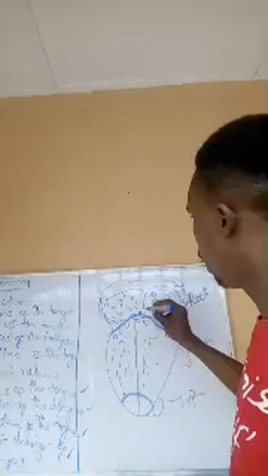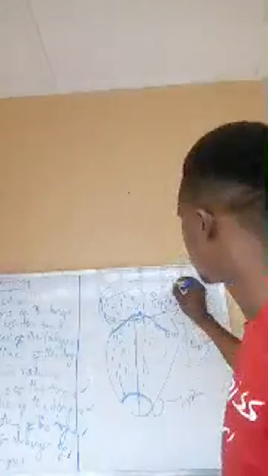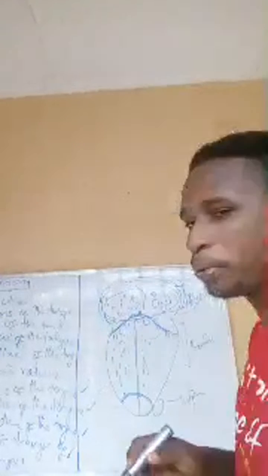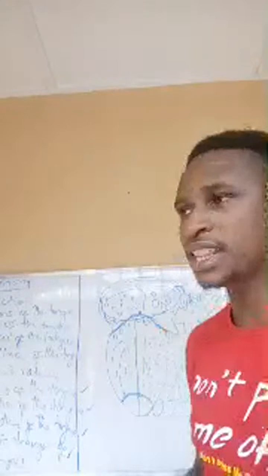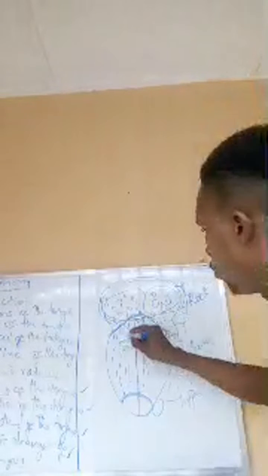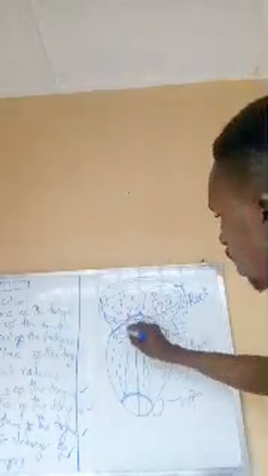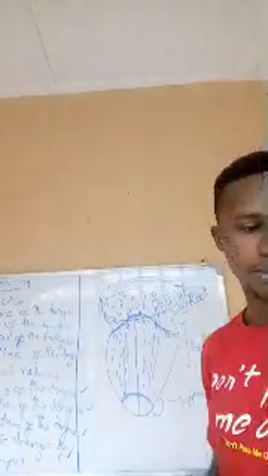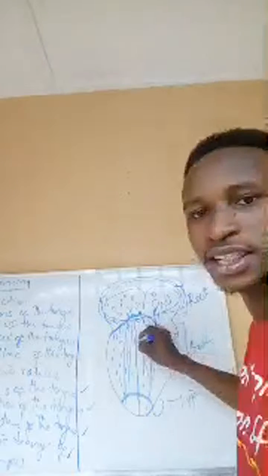Next point. If this aspect drains into the superior deep cervical lymph node, where does the central aspect here drain into? The medial part here drains into the inferior deep cervical lymph node.